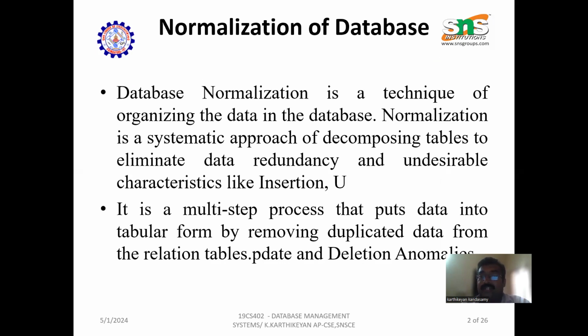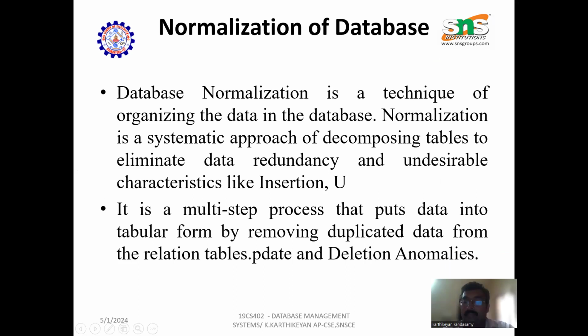So what is normalization? Database normalization is a technique of organizing data in a database. Normalization is a systematic approach of decomposing a table to eliminate data redundancy and undesirable characteristics like updation, deletion, and insertion anomalies.